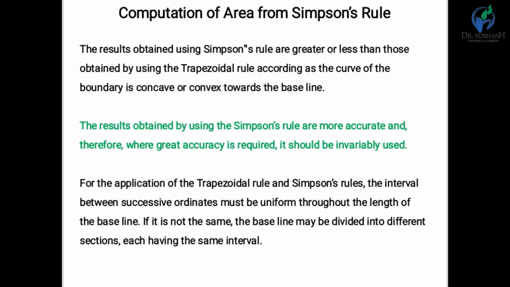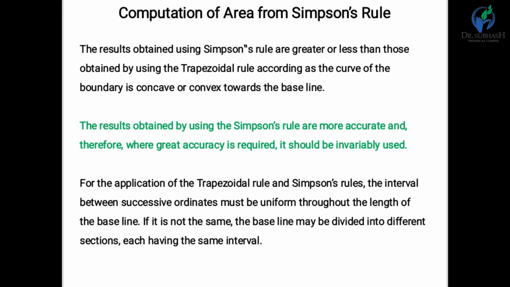The results obtained using the Simpson rule are greater or less than those obtained using the trapezoidal rule, according to whether the curve of the boundary is concave or convex towards the baseline. But the results obtained using the Simpson rule are more accurate, and therefore where greater accuracy is required, it should invariably be used.